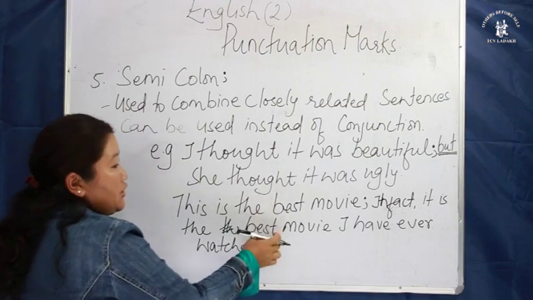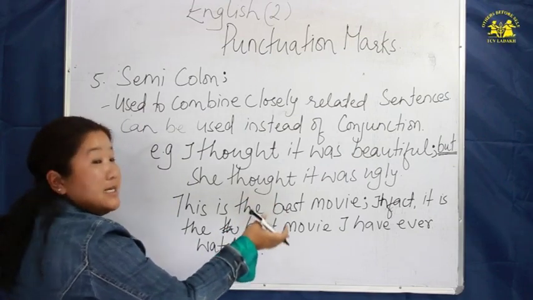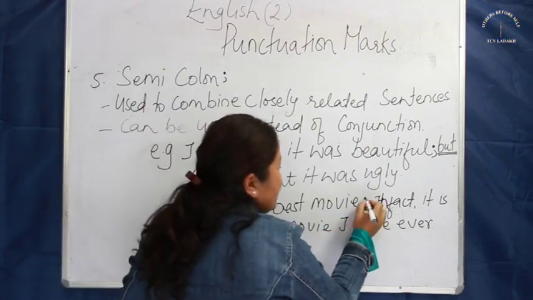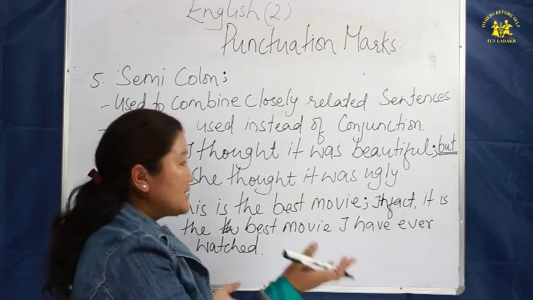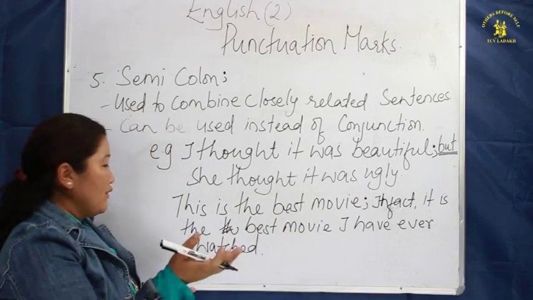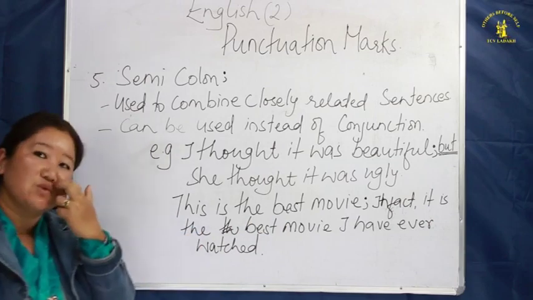So in order to show two closely connected sentences, you can use a semicolon. This is the best movie; in fact, it is the best movie I have ever seen. All right, this can be used in this way as well.